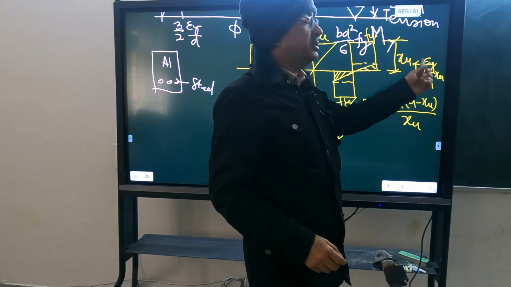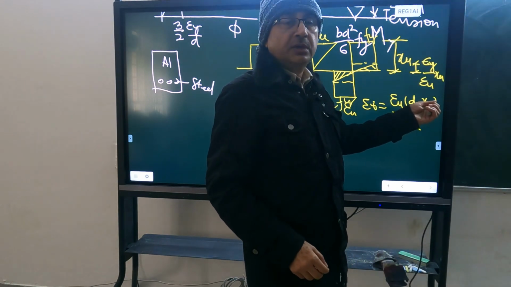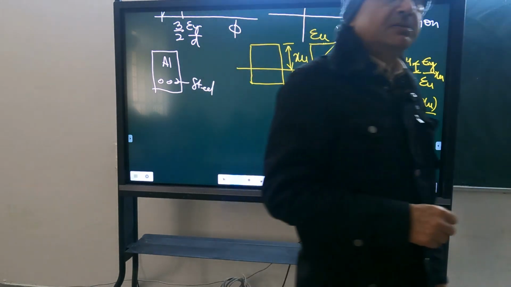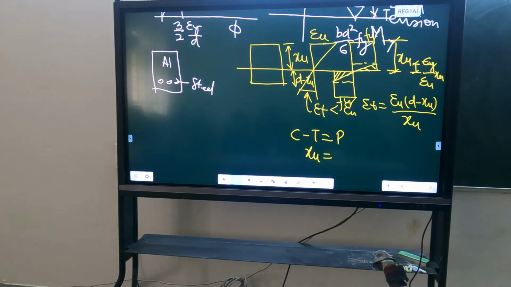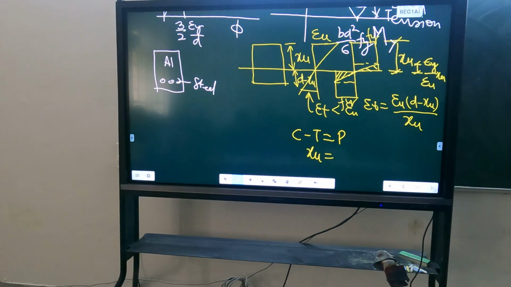Epsilon y by epsilon u is 1 upon mu. How much was mu in case of steel? We have calculated of the order of 100, mild steel. So it is only 1/100th of that. Very small, so we can ignore it. So we consider full XU. We will assume that the full section is plastified, and we have seen yesterday that it doesn't make much error. The error is less than 0.5%.